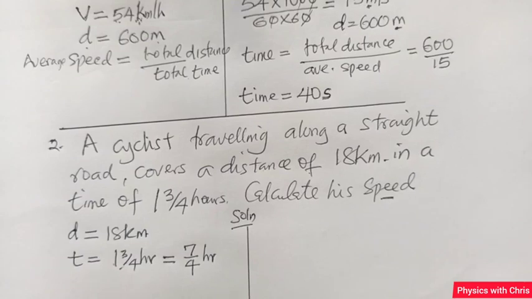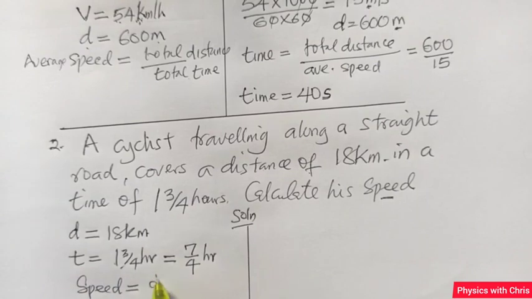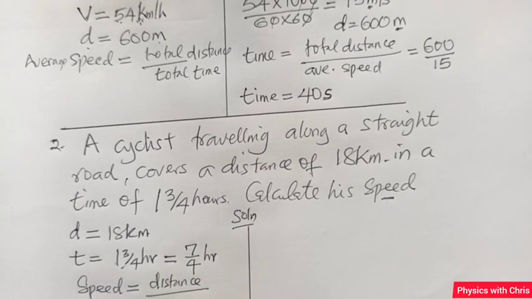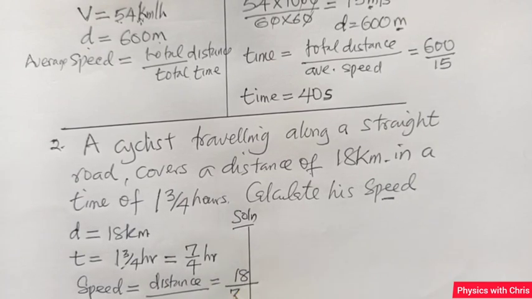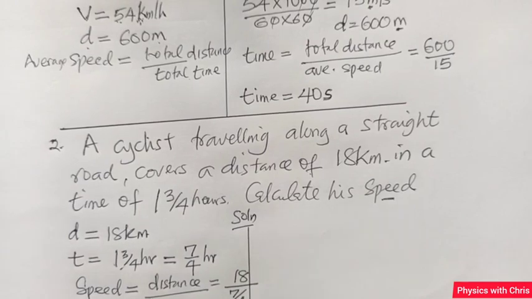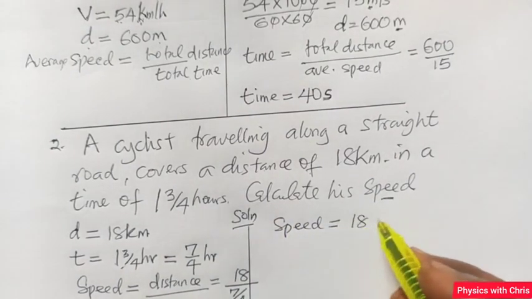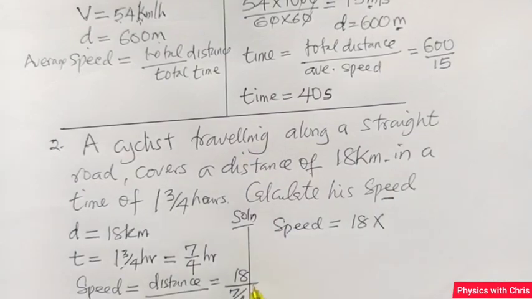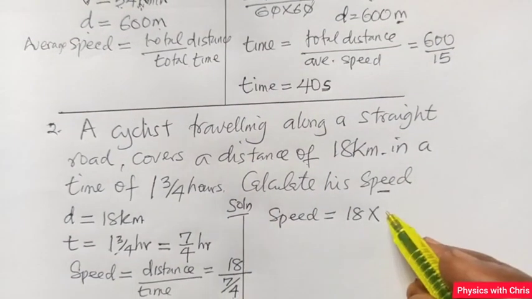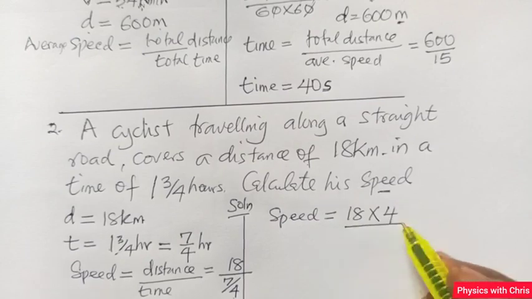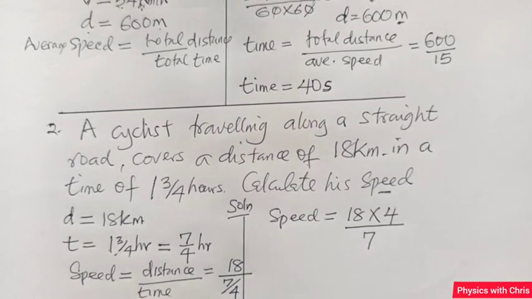So my average speed is given by the total distance covered, distance D divided by time. So that gives me 18 divided by 7/4. Now speed equals 18 times, I'm going to take this 4 up, that's the rule of division, then 7 remains a denominator.